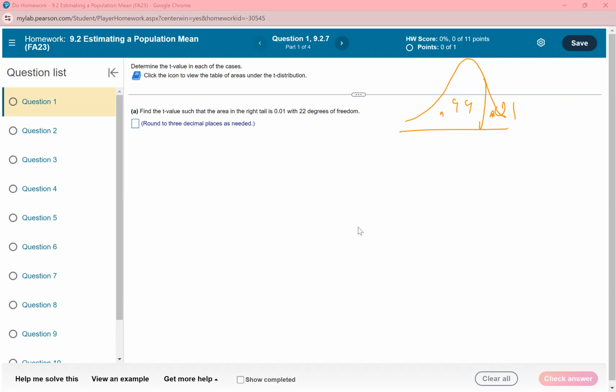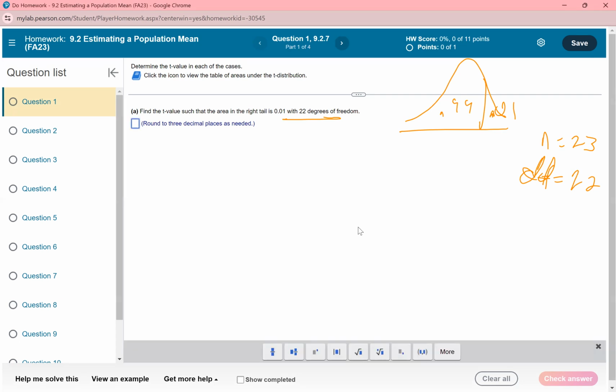So inverse t, the area is 0.99, the degrees of freedom is 22 already. That meant that n was 23, and my degrees of freedom is 1 less than that, which is 22, df for degrees of freedom. So 22 degrees of freedom, paste and enter, and that will give us our t. All right, so 2.5, how many decimals? 3, so 2.508.